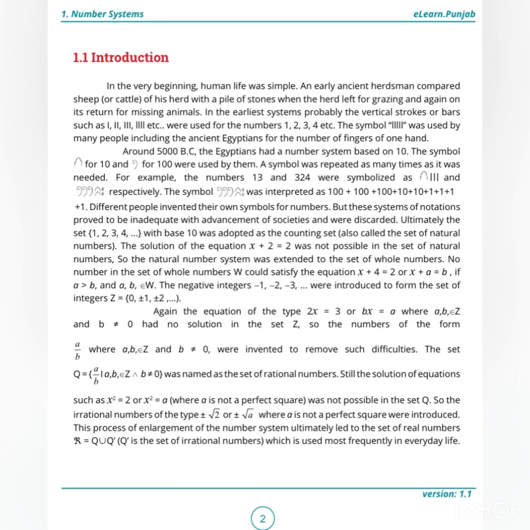Now you should realize that if you have an equation written in the format of variables like x plus a is equal to b, or it could be x plus b is equal to a, it could be x plus c is equal to d, it could be any variable. It could be even x1 plus a1 equal to b1, or b plus c is equal to d.